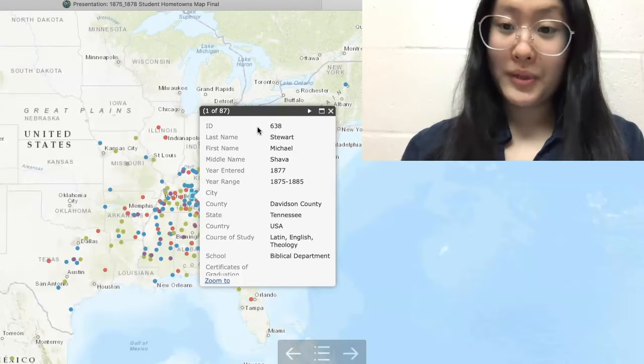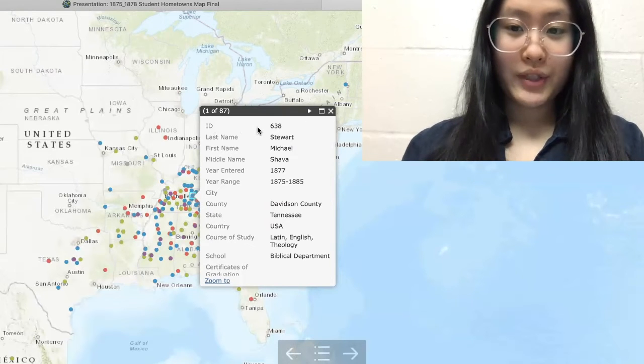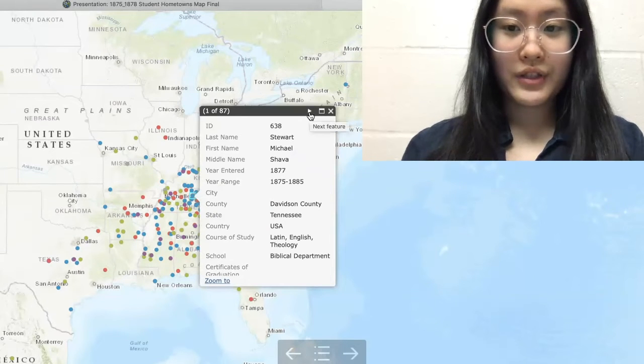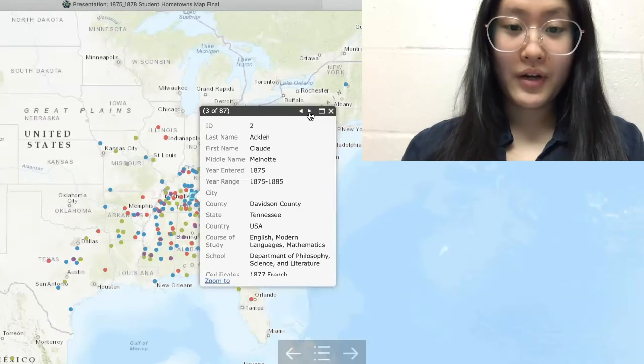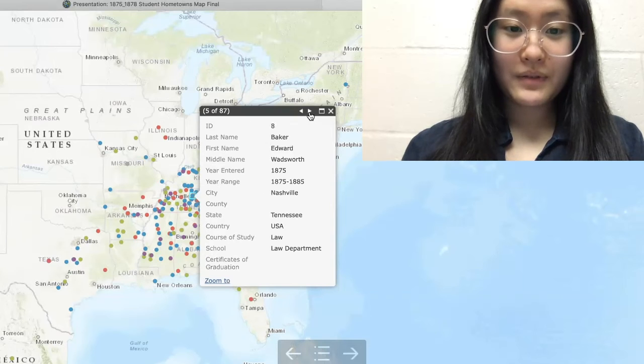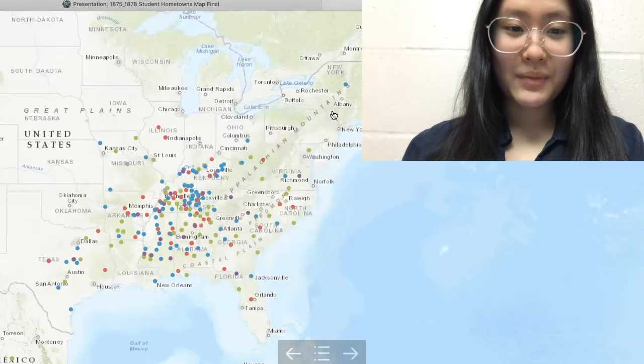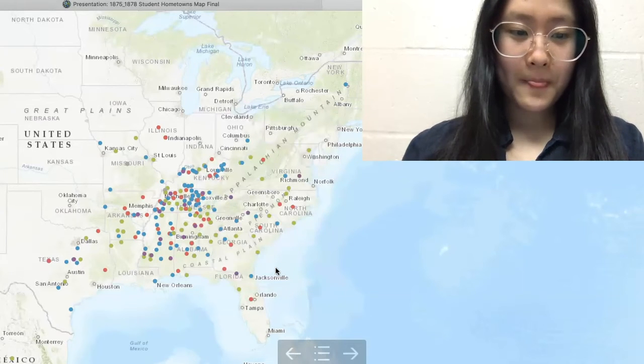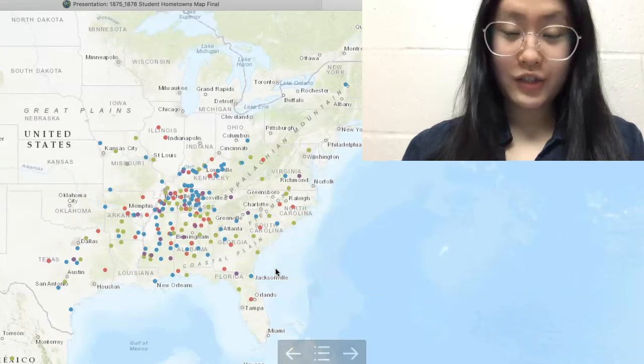There were 86 more people from the same area. So if you want to go through the rest of the people, you can just click on the arrow right here on the top right corner, and it's going to take you through all the people that were from the same area, like this.